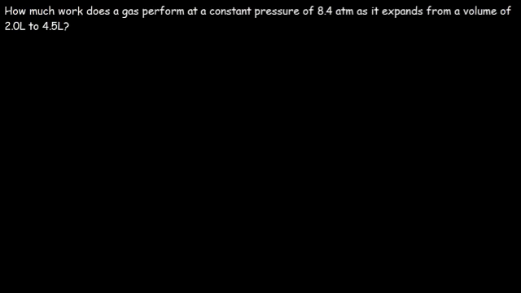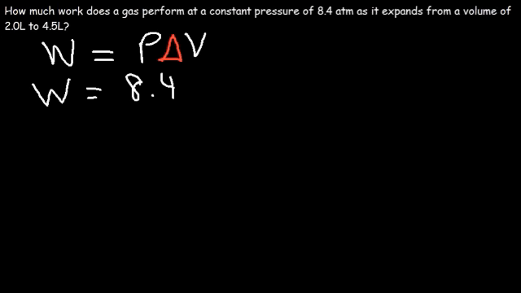Let's try this problem. How much work does a gas perform at a constant pressure of 8.4 atm as it expands from a volume of 2 liters to 4.5 liters? So under constant pressure conditions, we can use this equation once more. Work is equal to pressure times the change in volume.